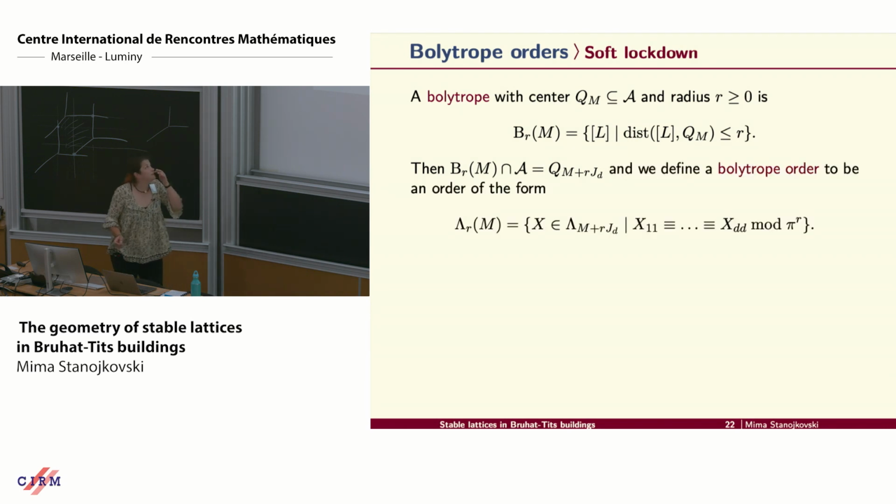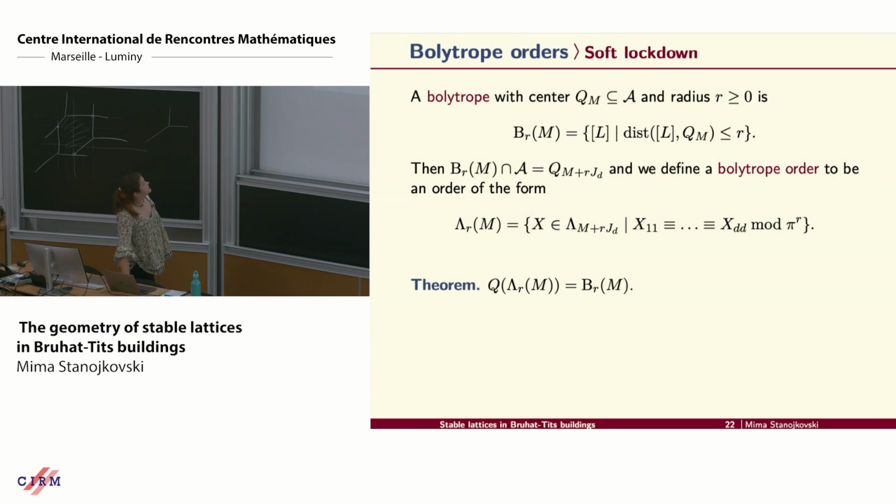But these also are convex subsets of the building that come from closed orders. And you see this is really a mashup of taking polytopes and balls, because we still work with graduated orders, but then we add those equivalences on the diagonal.